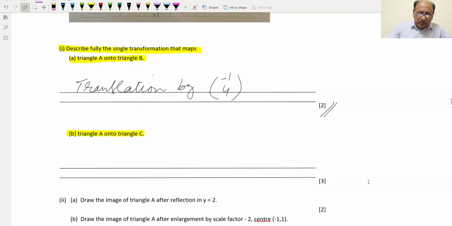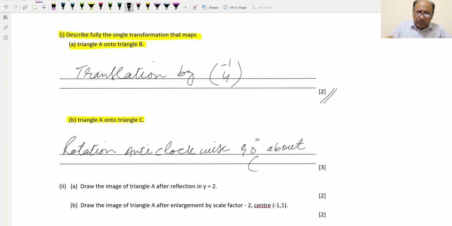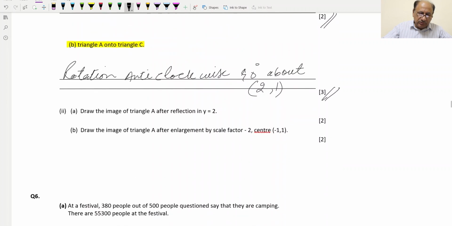So we write rotation anti-clockwise 90 degrees. About the center, which will be what? Center will be 2 and 1. So these things we have to provide as information. 3 marks question is done.